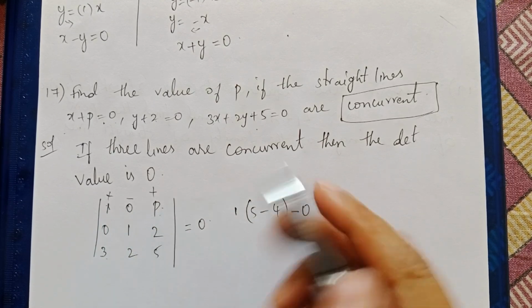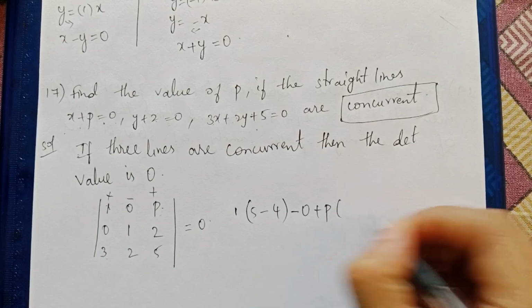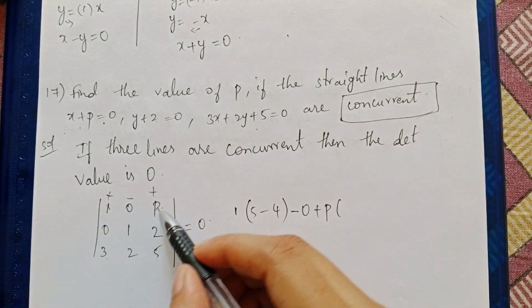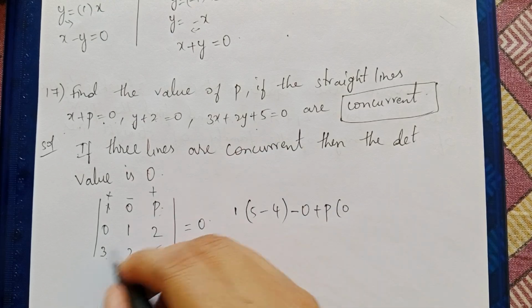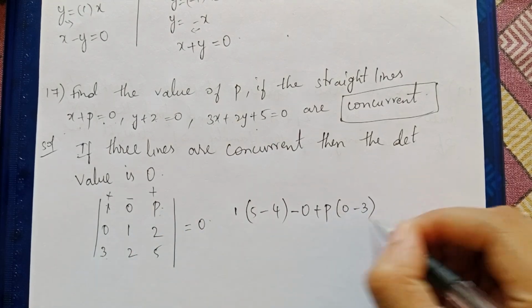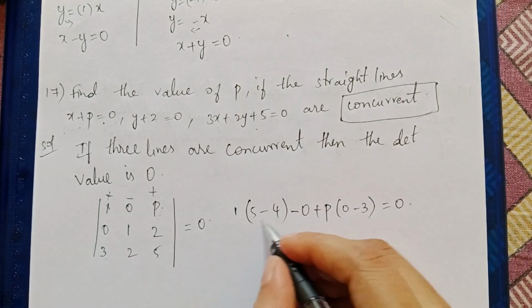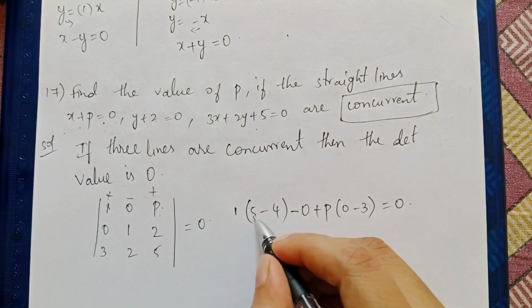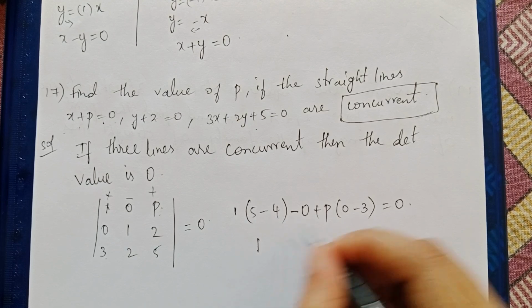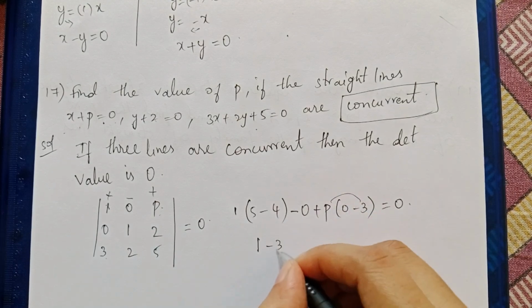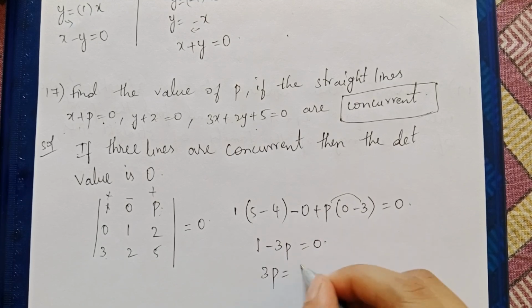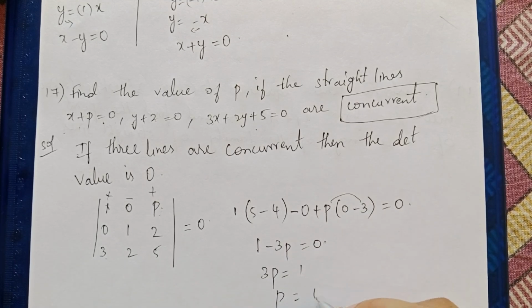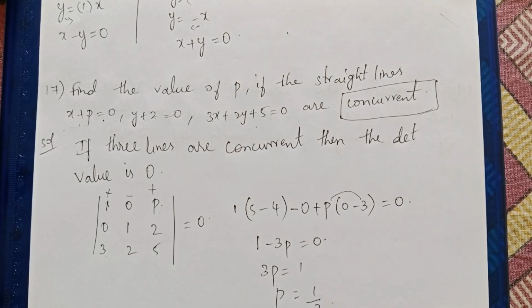Now the third term is plus p into, we'll remove this row and this column, so it is 0 into 2 is 0, minus 1 into 3 is 3, so minus 3. So here 5 minus 4 is 1, and multiplying this, it is 1 minus 3p equal to 0. So 3p becomes positive, equal to 1, p is equal to 1 by 3.